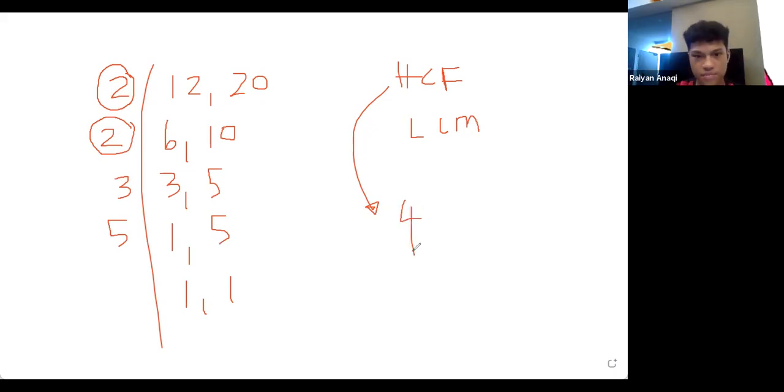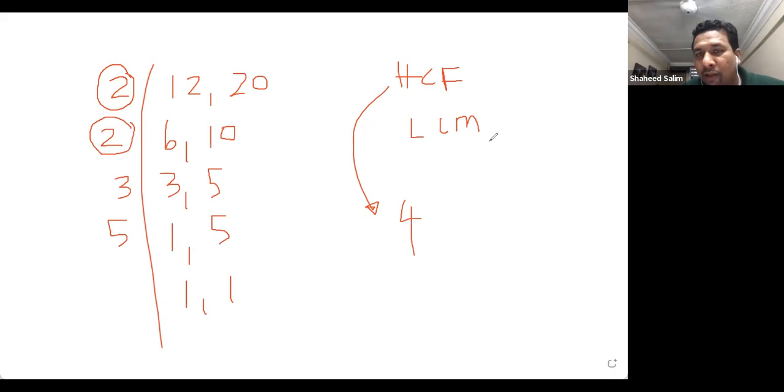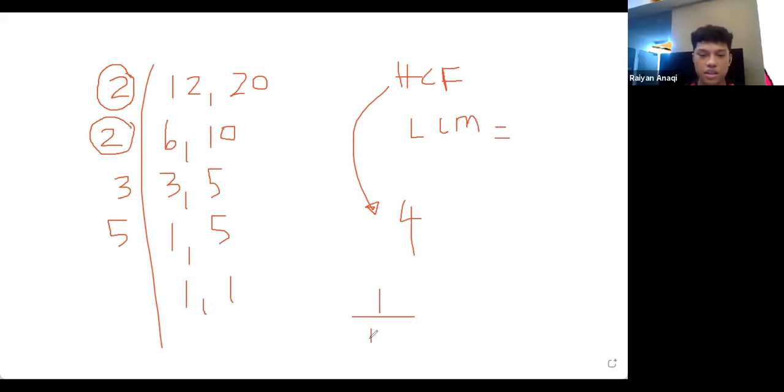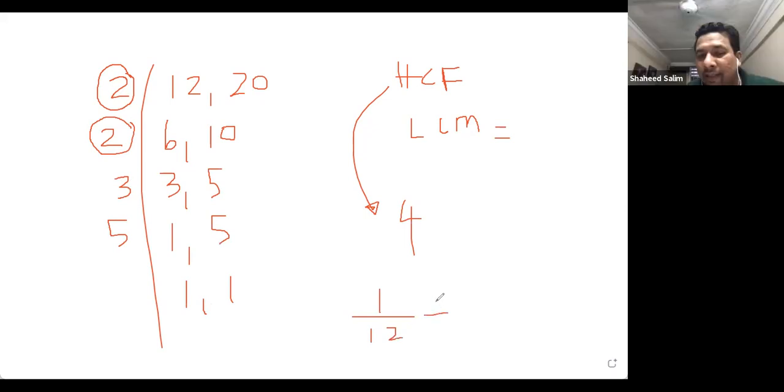Okay. Now, you don't need to do any other working for LCM. What is LCM? LCM, lowest common multiple. So let's say if you get a question like that, you want to find the smallest number to be the denominator. Very simple. Just take all these numbers and multiply together. 2 times 2, 4. 4 times 3, 12. 12 times 5, 60. So the smallest number is 60 down here.